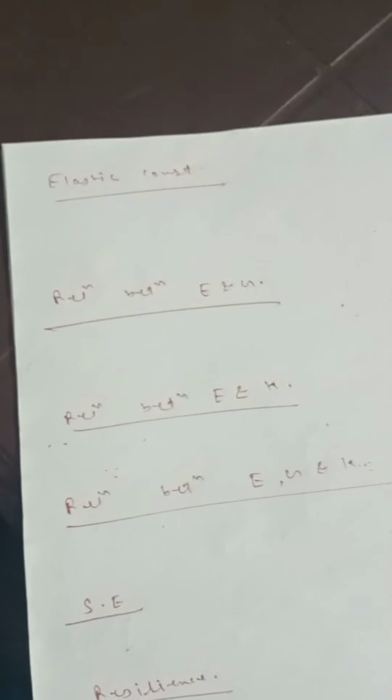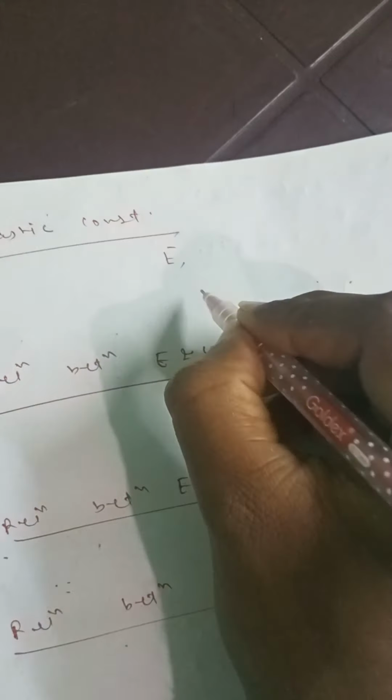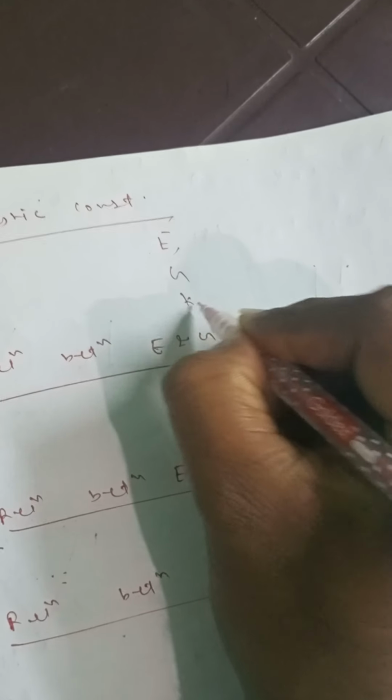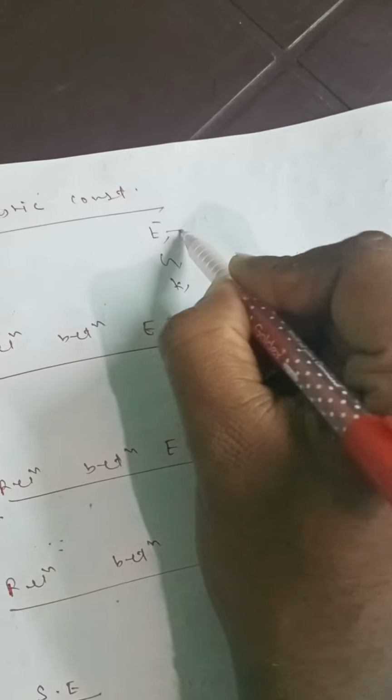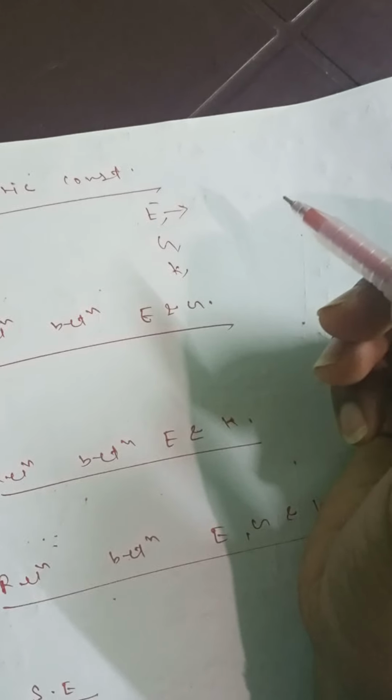Now the very important topic is elastic constants. In elastic constants we will discuss three things. The first is E, the second is G, and the third is K. E is the modulus of elasticity, or Young's modulus.